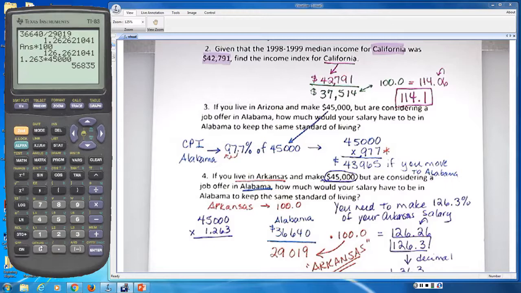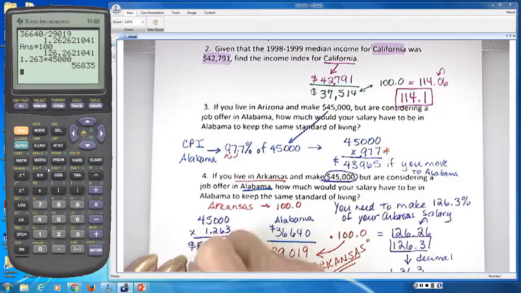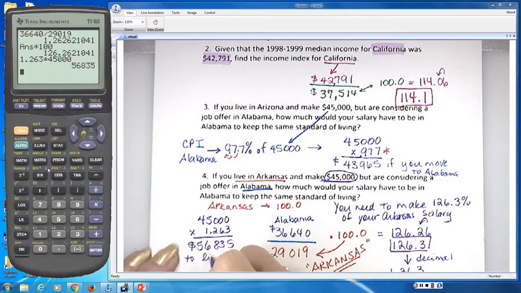So when I multiply by 1.263, my new salary would have to be $56,835. And that's if I want to live in Alabama.